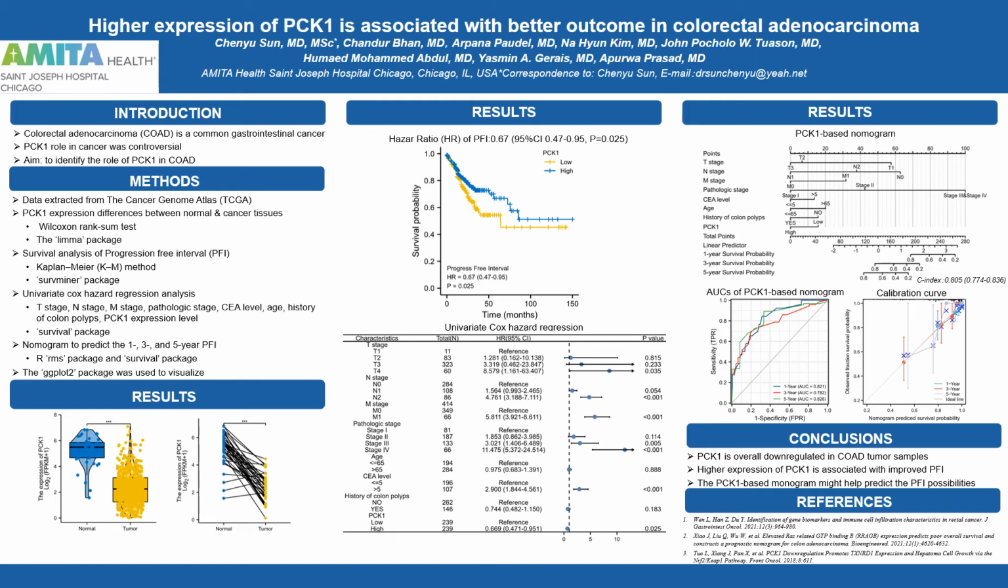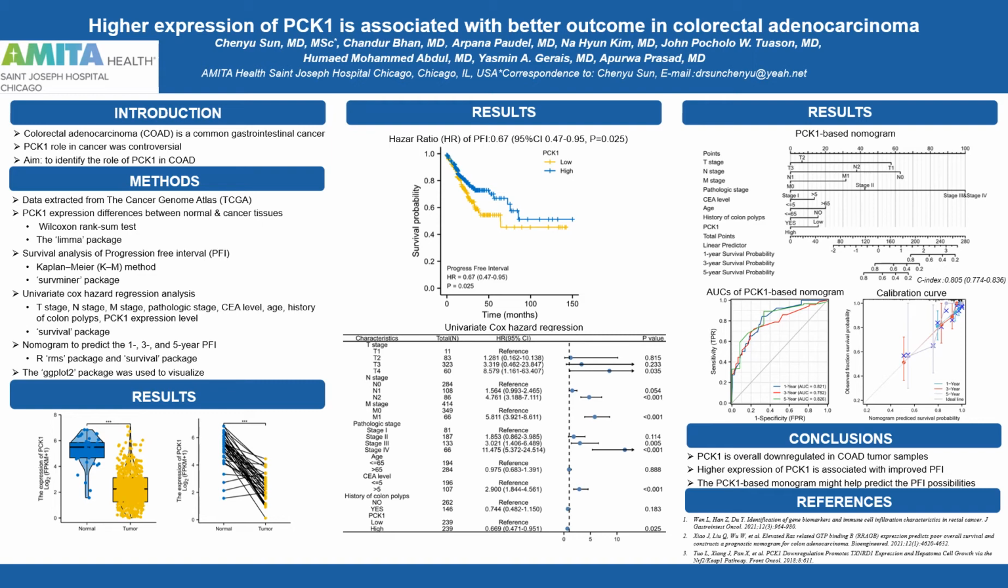So we can see in the results, the expression level of PCK1 was downregulated in the colorectal adenocarcinoma tissues compared with the normal tissues. The hazard ratio, the HR of PFI, was 0.67 with 95% confidence interval ranging from 0.47 to 0.95, and the p-value was 0.025.